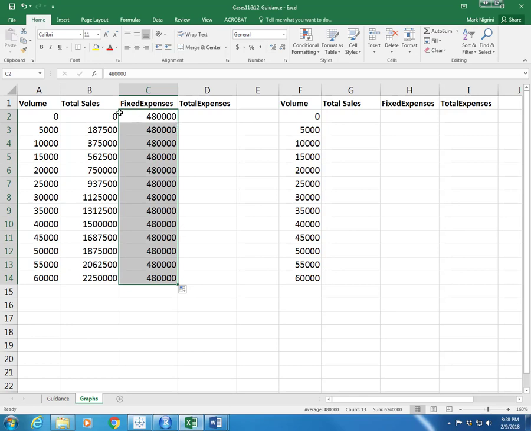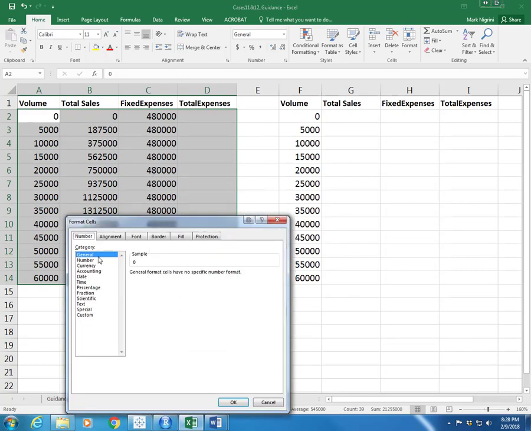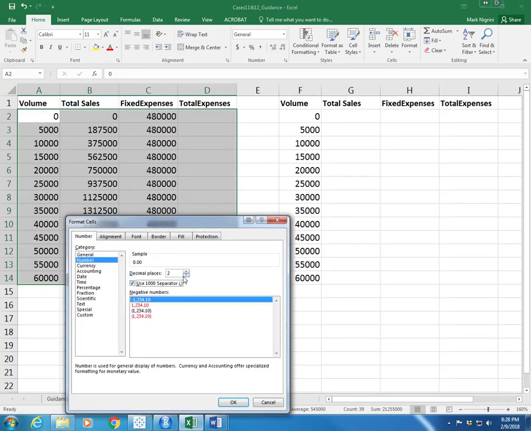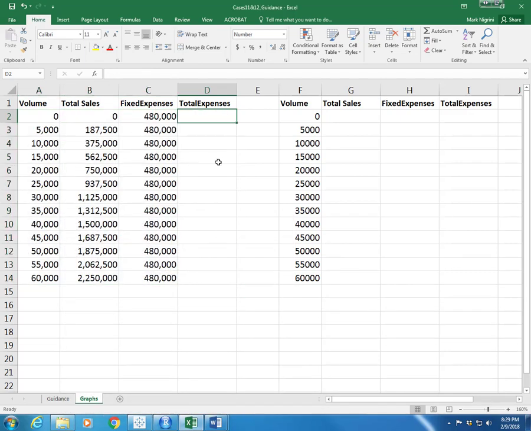There we go. Fixed is fixed. We can put little 1,000 separators in here, make it easier on the eye. Number. There we go. Total expenses. Total expenses are the fixed plus the variable, and the variable costs are high, totaling $22.50 per skateboard.